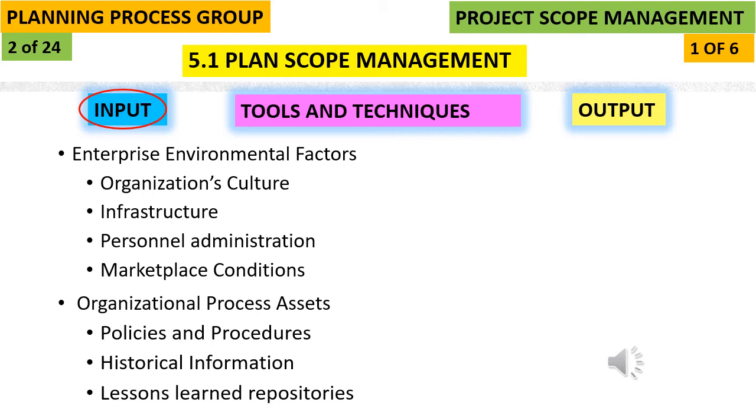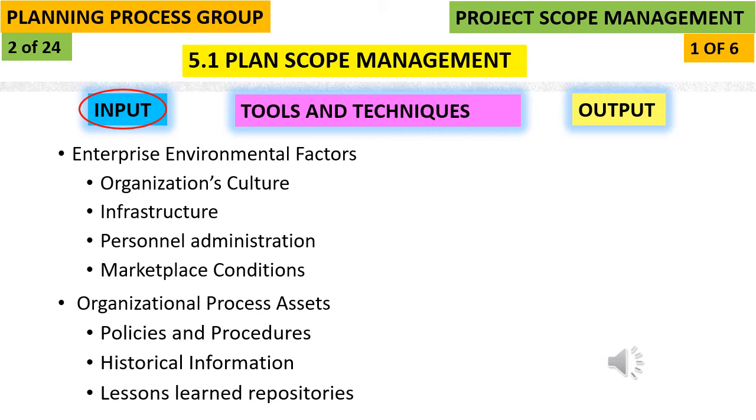Two more important inputs for this process are enterprise environmental factors and organizational process assets. Enterprise environmental factors, which influence the scope management process, include the organization's culture. We should consider the culture of the organization, which will have an impact on how the scope will be managed.